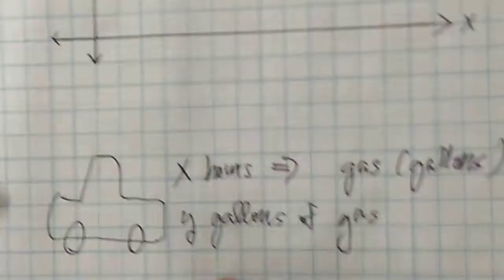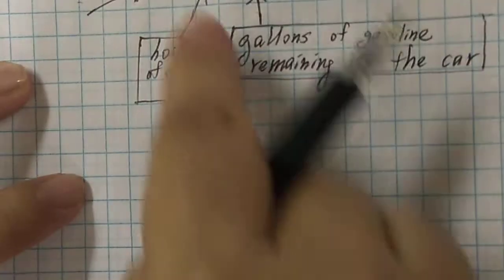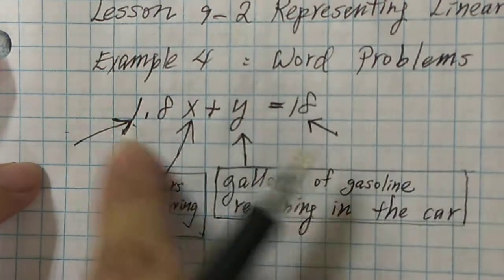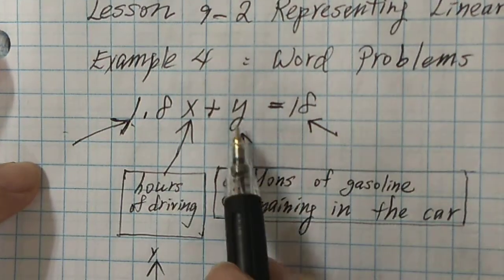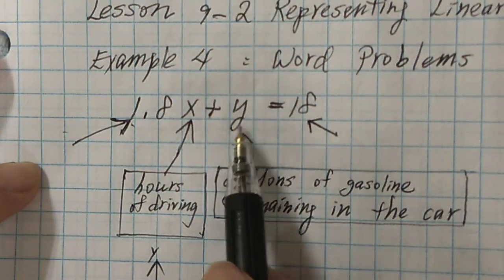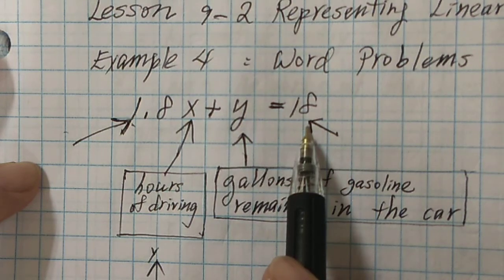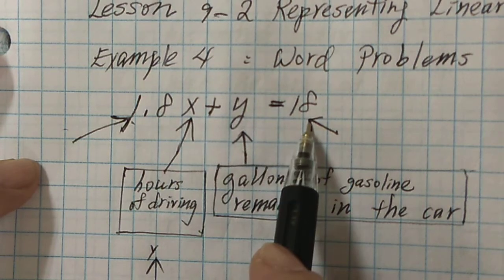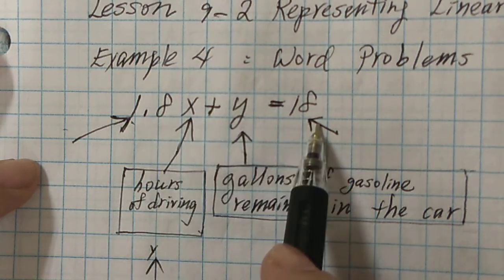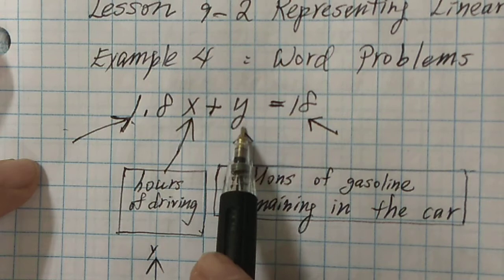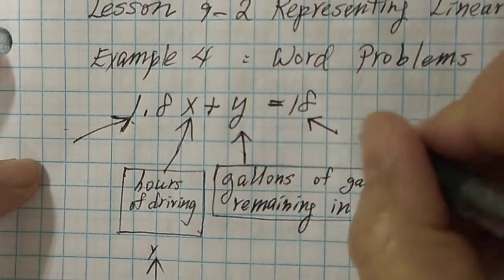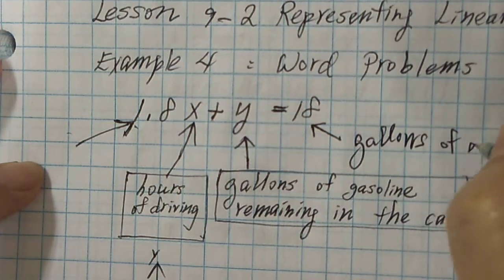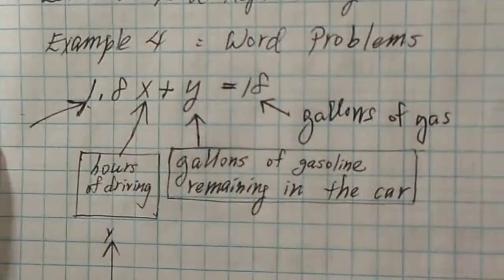So based on what they tell you, I can see what this is really about. If this is gallons of gasoline, then this must be gallons of gasoline as well, because you can only add gallons of gasoline together to get gallons of gasoline. The units have to stay the same. So 18 must be 18 gallons of gas.